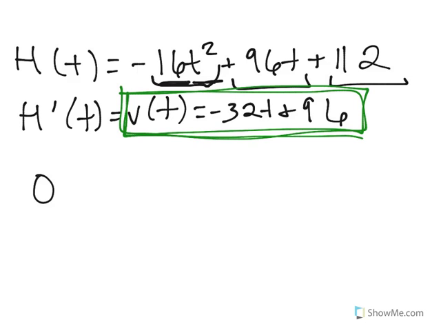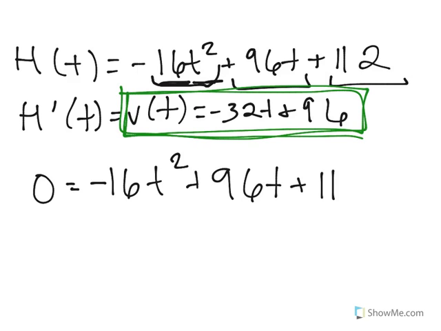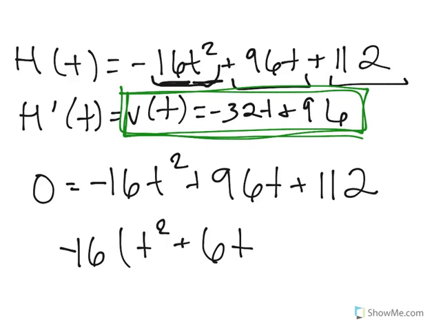So we just have to find the zero of our polynomial, negative 16 times t squared plus 96t plus 112. This is kind of easy. We already know how to do it, but just as a reminder of our Algebra 2 class, let's work it out. We can factor out the negative 16, and we're left with t squared minus 6t minus 7.